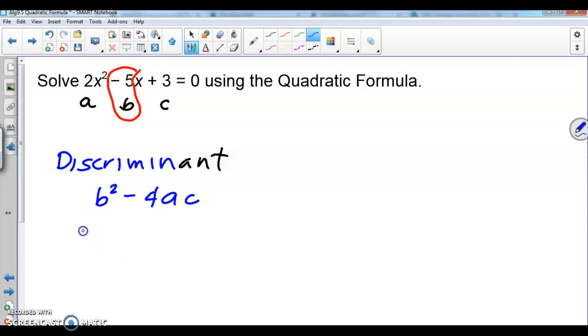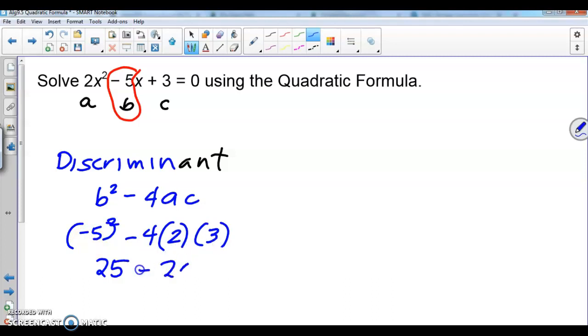So when you plug it in here, -5 squared minus 4, a is 2, and then c is 3. So -5 squared is 25 because it's -5 times -5. 4 times 2 is 8 times 3 is 24. So 25 minus 24 is 1.